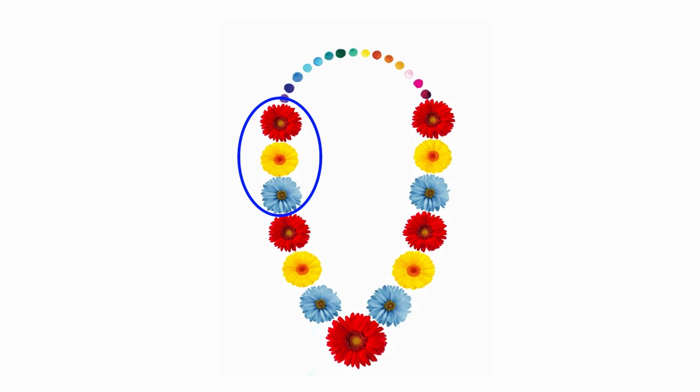Look and observe. Then again you can see there is one red flower, one yellow flower and one blue flower in the garland. I hope you have understood the pattern followed here. Yes, very nice. The pattern here is one red flower, one yellow flower and one blue flower.